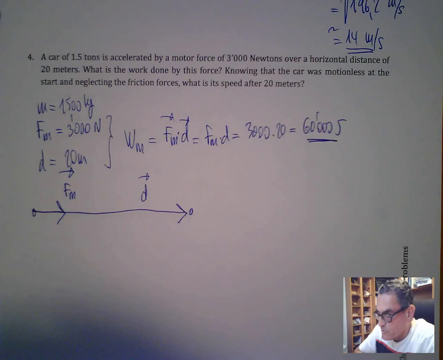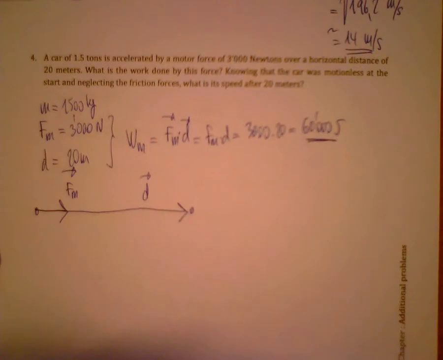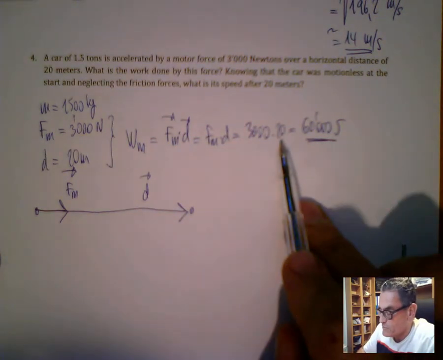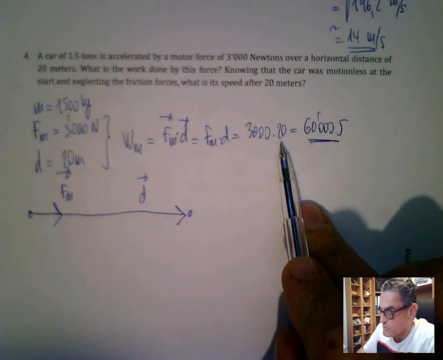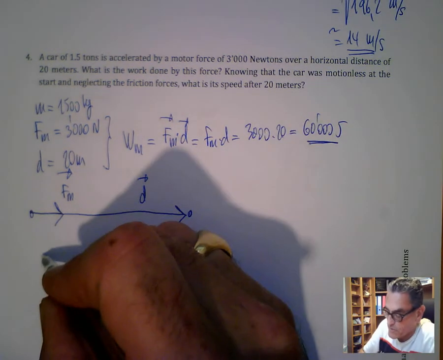Knowing that the car was motionless at the start and neglecting the friction forces, what is its speed after 20 meters? So how can we do that? Think a bit. Obviously similar to the previous problem, we already computed the work we gave to this car on a distance of 20 meters.